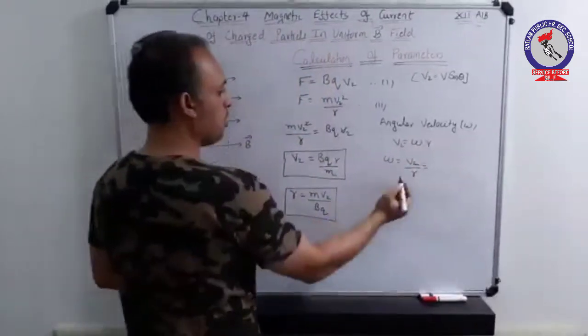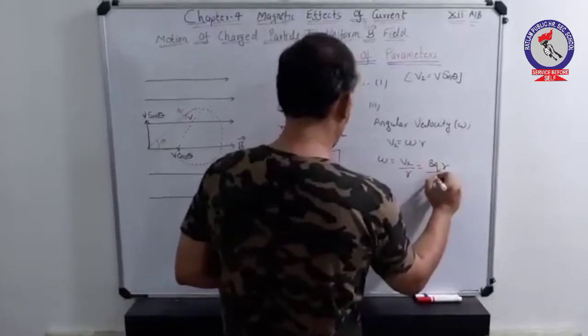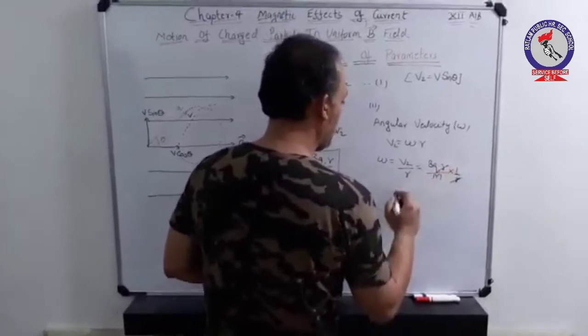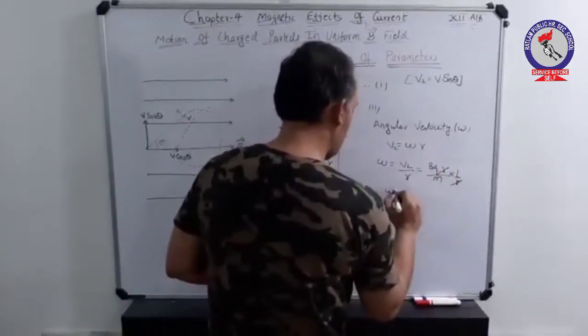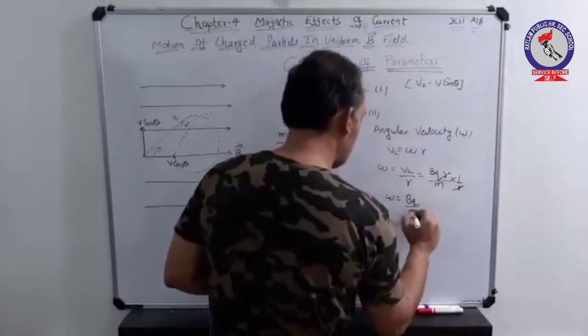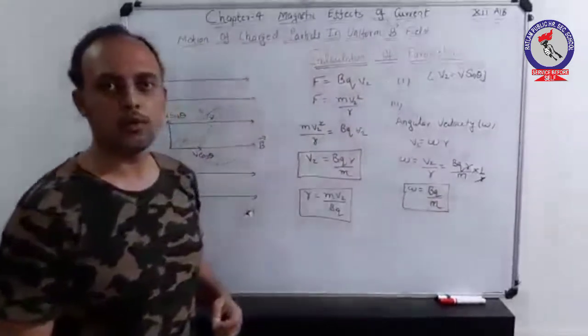What is the value of velocity? BQR upon m multiplied by 1 by r. R and r get cancelled. You have angular velocity as BQ by m. So that is the expression of angular velocity.